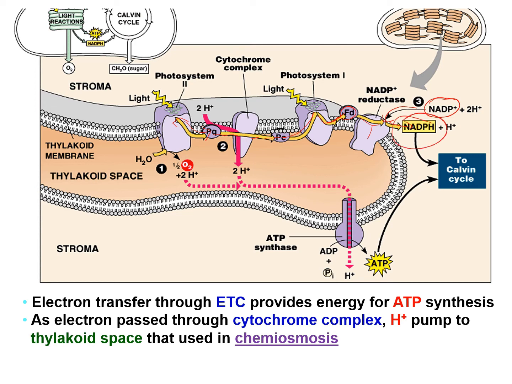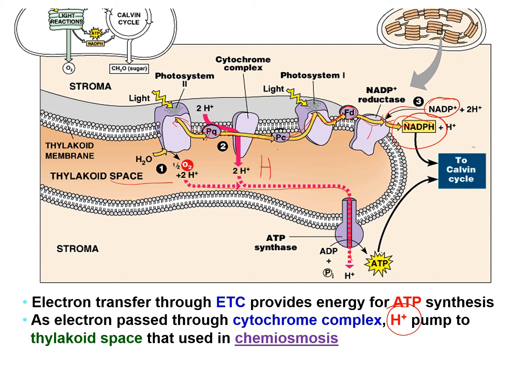And NADPH will go to Calvin cycle, during which the chemiosmosis occurs and produces ATP. As electron passes through the cytochrome complex, hydrogen ion will be pumped to thylakoid space. This is the thylakoid space.